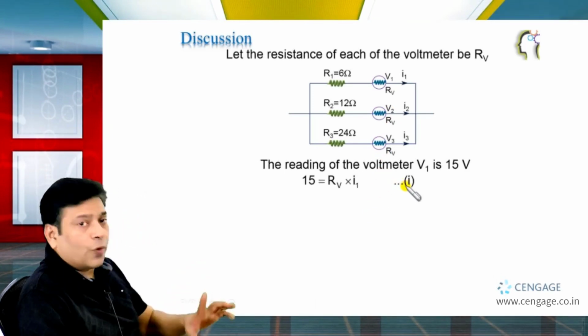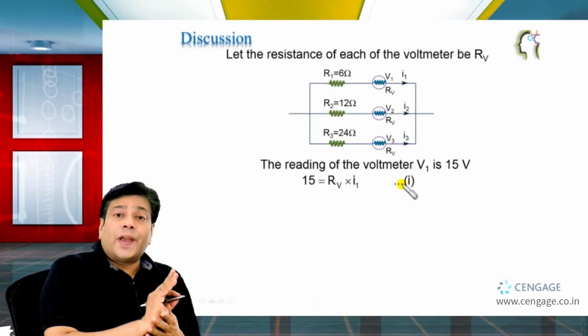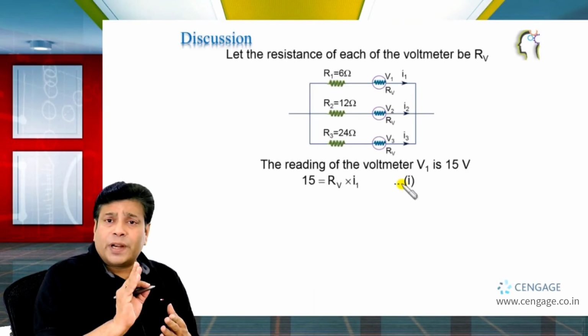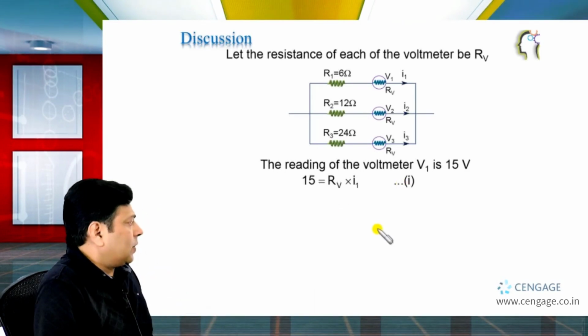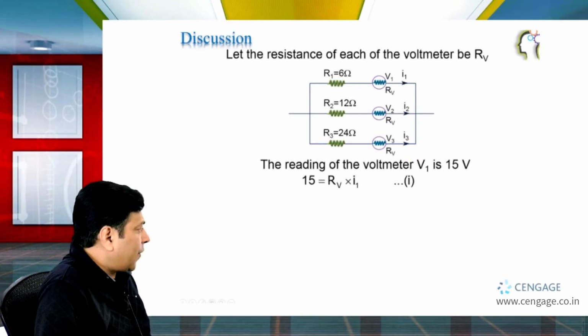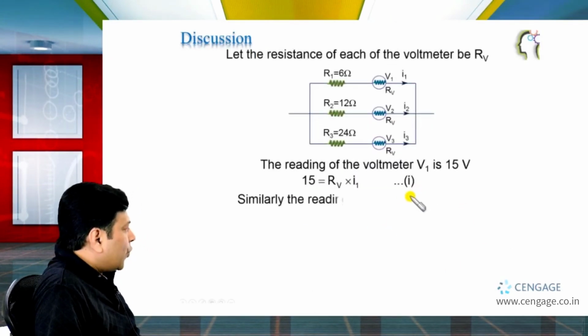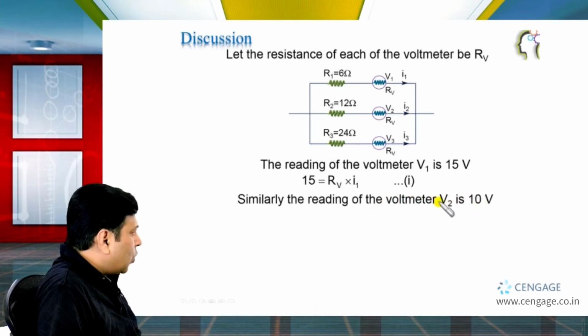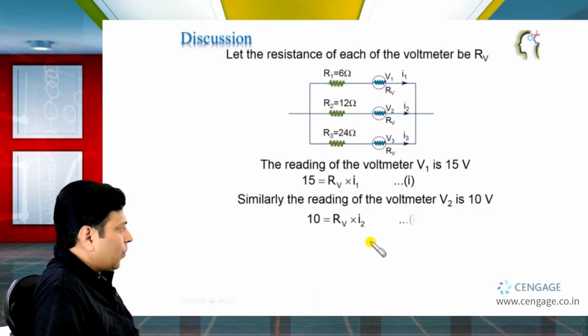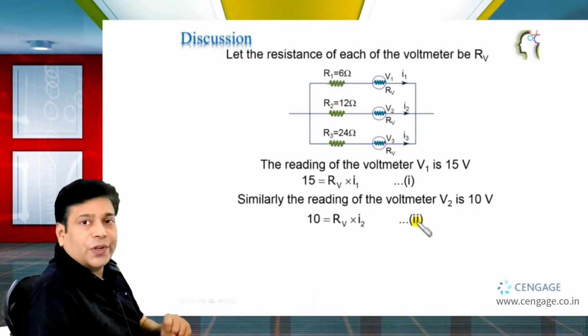Let this be equation number 1. Similarly, the reading of the voltmeter V2 is 10 volt, equal to RV multiplied by I2. This is the second equation.